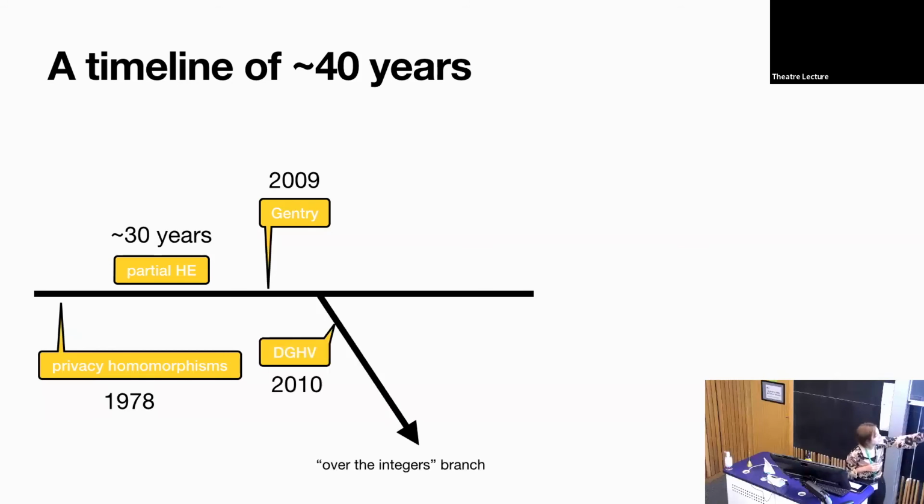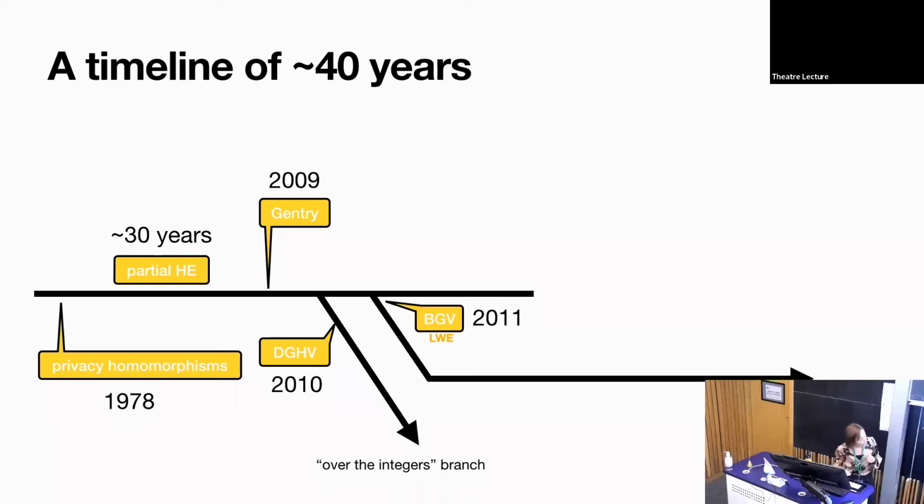We had the DGHV that I was talking about before in 2010, which is based on the discrete approximate GCD problem. In 2011, we start seeing fully homomorphic encryption solutions based on LWE, which are the ones that we really focus on nowadays. And the first one was proposed by Brakerski, Gentry, and Vaikuntanathan.